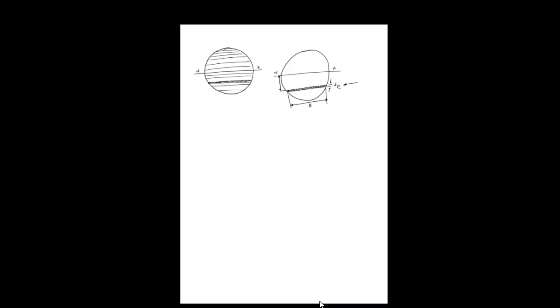The y is the distance from the neutral line down to the top of the layer. Now y can be anything, it's completely arbitrary. You can have it next to the neutral axis, you could have it further down, you could even have it right at or just below the edge of the bar.